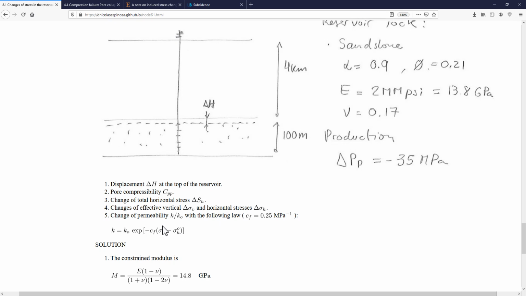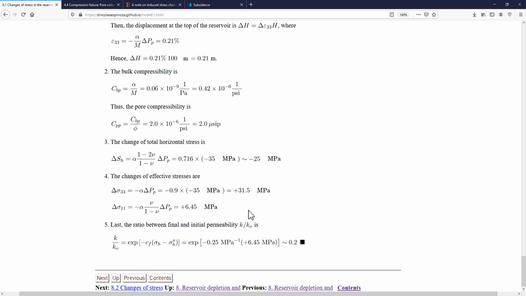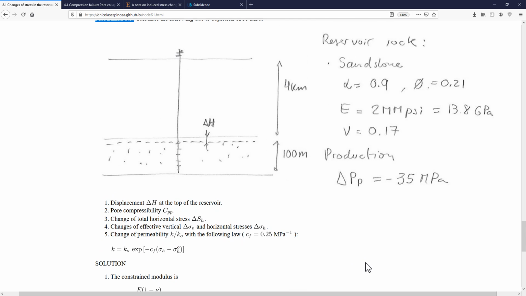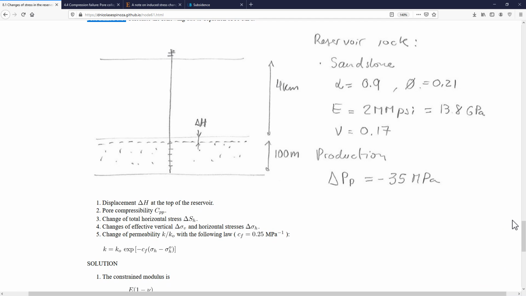And you're going to see that basically, as you increase the effective horizontal stress, the permeability is going to sharply decrease. You're going to see the solution over here step by step. That's something that I encourage you to look at, and that I'm also going to evaluate in my quizzes.